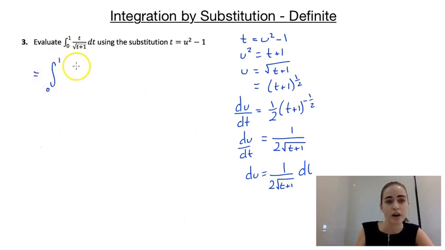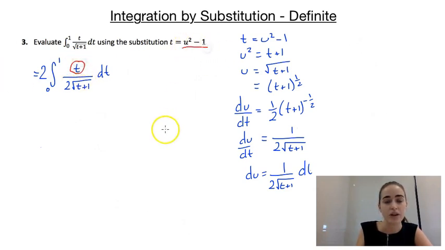So if I go 0 to 1, t over 2 root t plus 1 dt. Because I put a 2 in the denominator, I'm going to have to compensate by putting a 2 out the front. So now I've manipulated it so that this t here can be replaced with this u squared minus 1, and this whole denominator and the dt can be replaced by du.